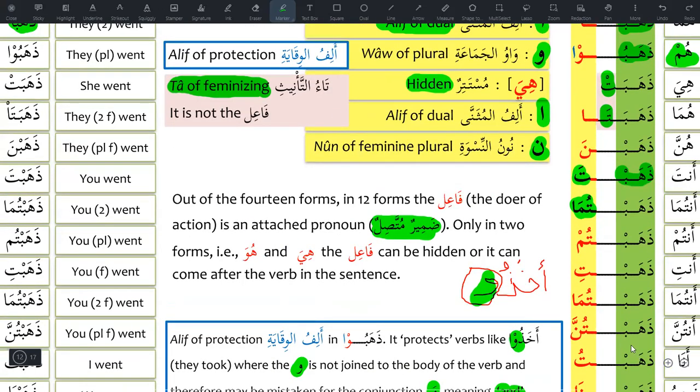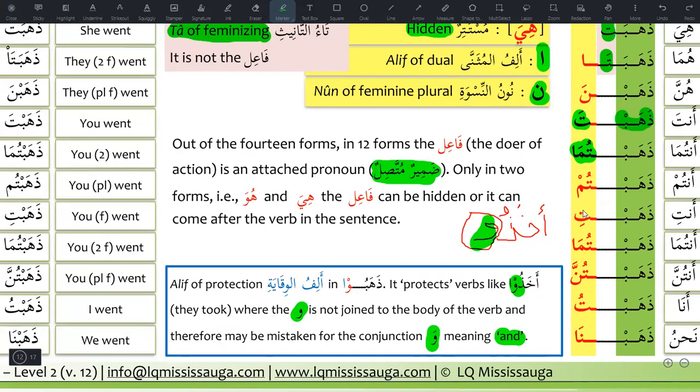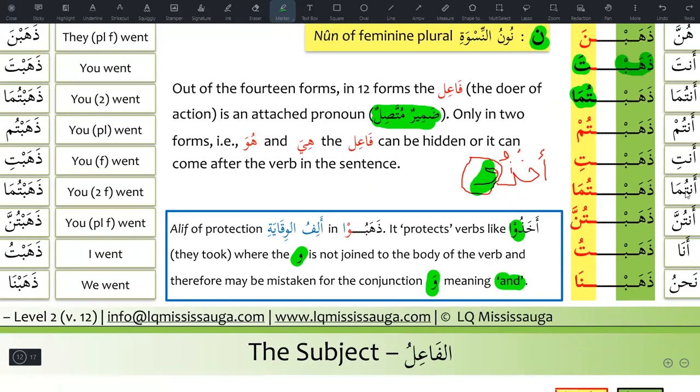Okay. So here antum, zahabtum. Tum is fail here. Here anti, ti is fail here. Antuma, tuma is fail here. Antunna, tunna is fail here. Ana, zahabtu, tu is fail here. Nahnu, zahabna, na is fail here.